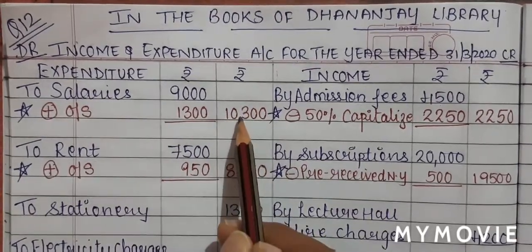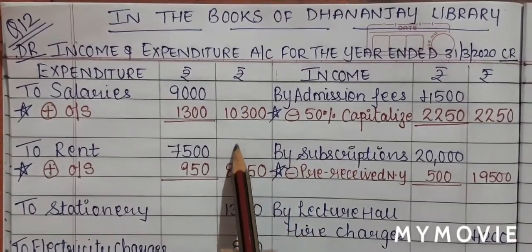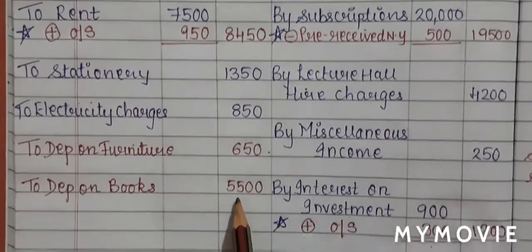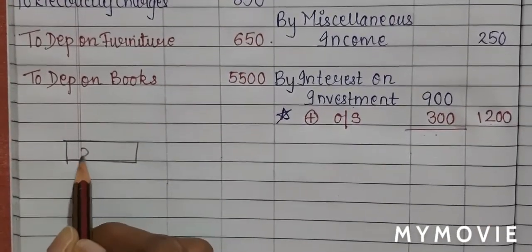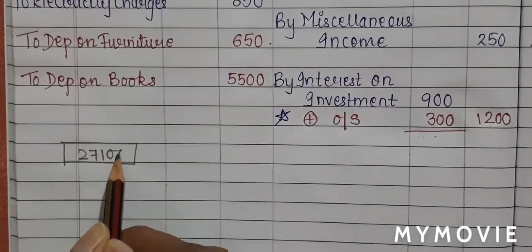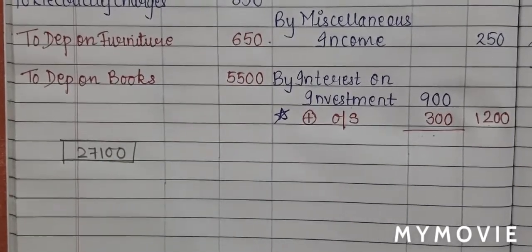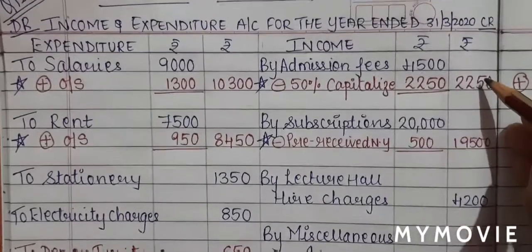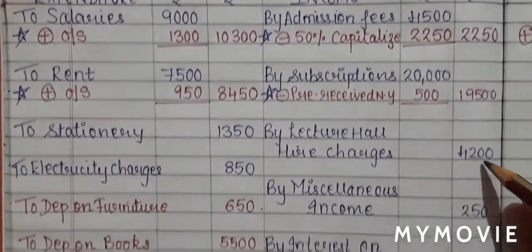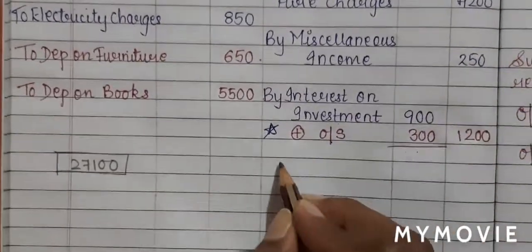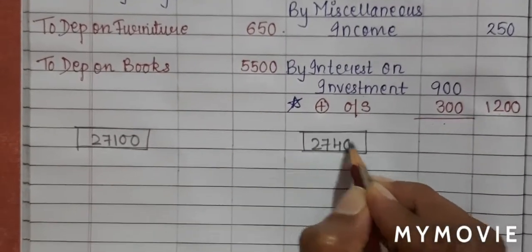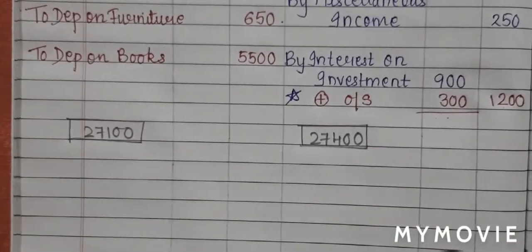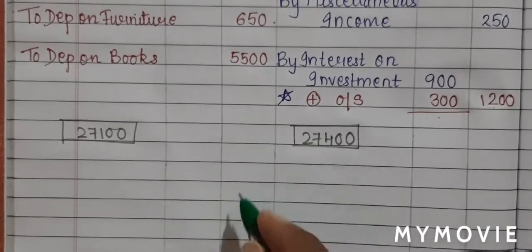First, we will calculate our expenditure amount. So we will total the expenditure amount. When we total the expenditure side, I get a total of 27,100. Now I will total the income side. When I total the income side, I get a total of 27,400. We will now use the ledger format.